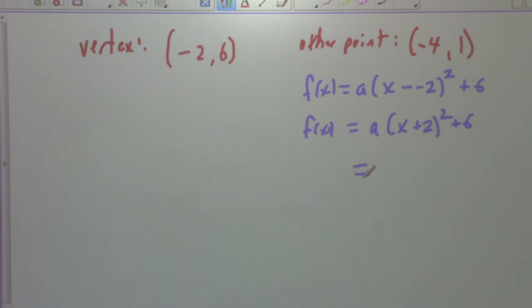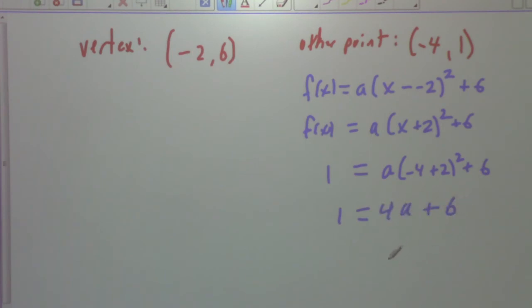1 equals a print... equals 4a plus 6. Let me go ahead and put this in here. So you got 4a out of this, is that what you got, Kim? Yeah. Okay, 4a plus 6. Good.